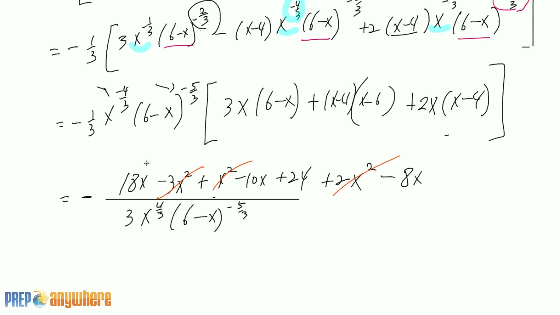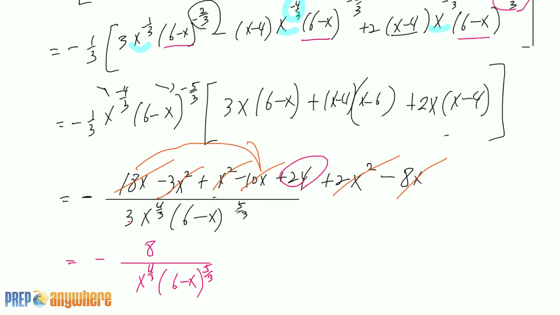These two add up to plus 8, which cancels out with minus 8. And then the 24 will reduce with 3 to give you 8. I think I forgot to change the minus to positive, and I changed it. So the potential inflection points are 0 and 6.